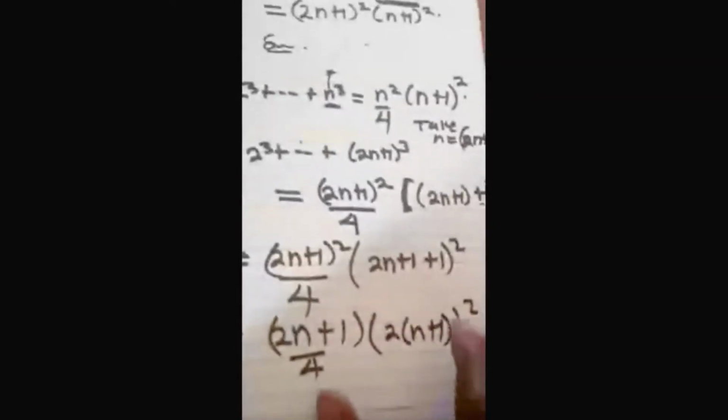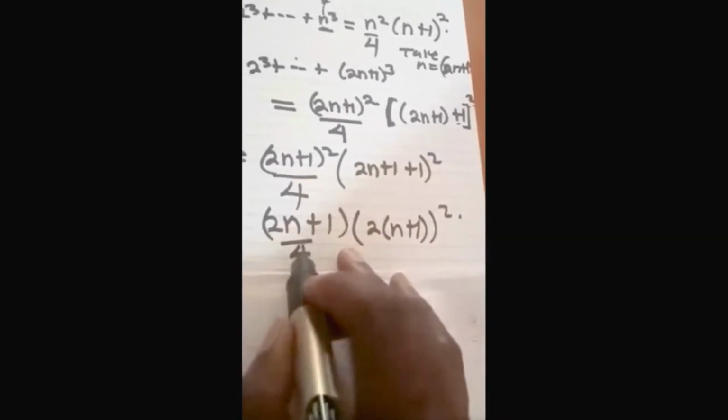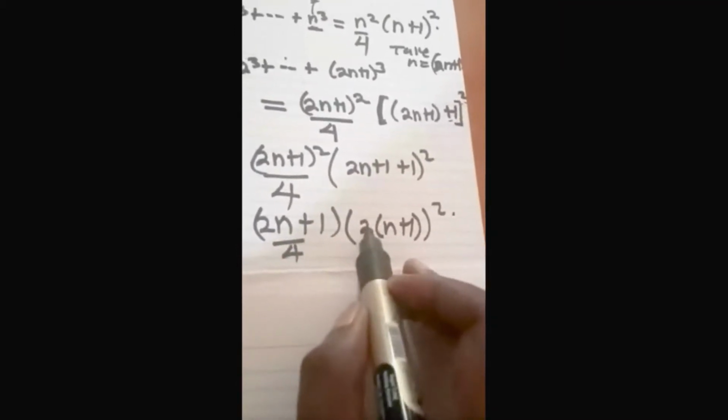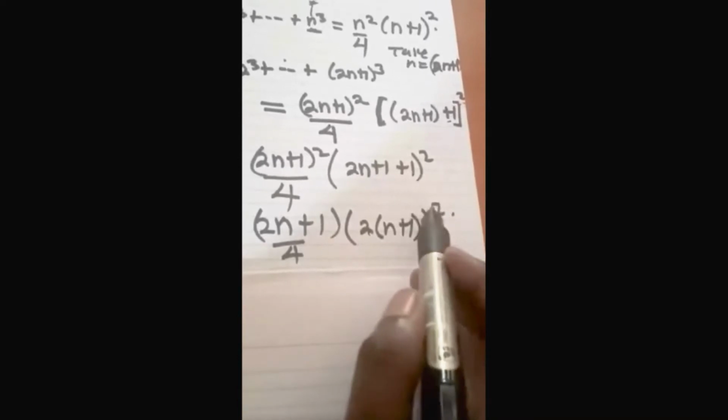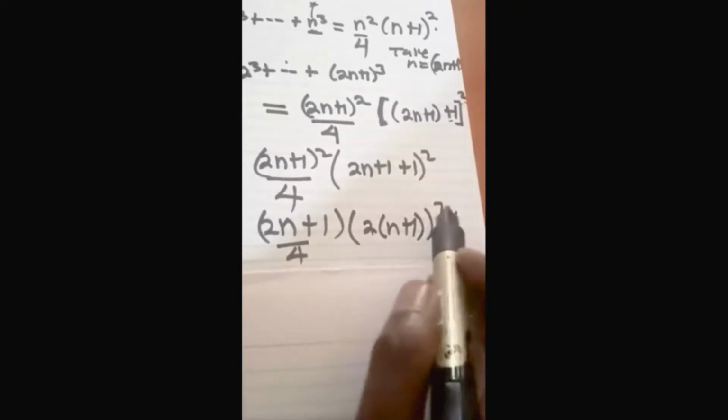Look here, please. I'm going to factorize out something and I cross it out directly, so I'm not going to show it to you. Look at the expression, clearly there is a 2 which I want to take out. So you see this is a 4. This is a 2, but this 2 it is squared, meaning that I'm going to write it as 2 squared, then this expression is squared.